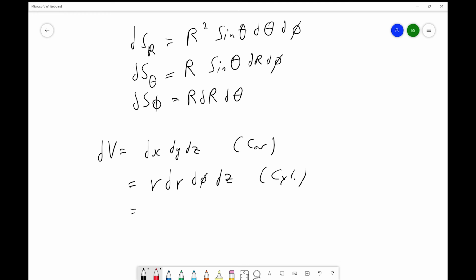And then for spherical, I multiply all the length elements, so there's going to be dr in there, there's going to be d theta, there's going to be d phi, and then I have extra r and r sine theta. So it's going to be r squared sine theta. Okay, so I multiply everything together to get the volume element.